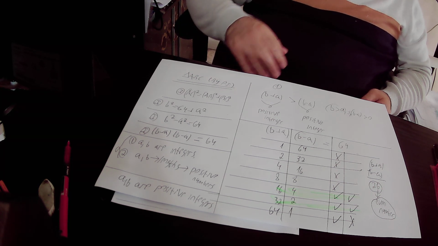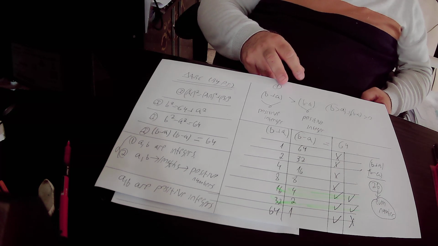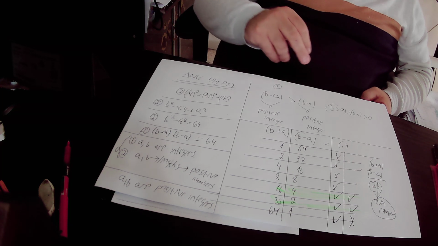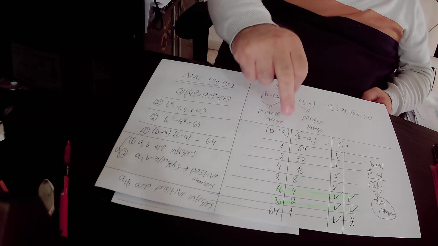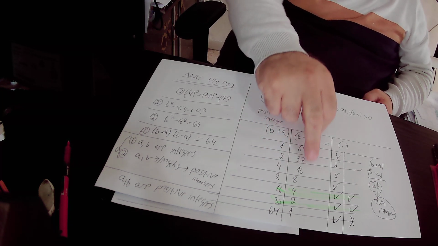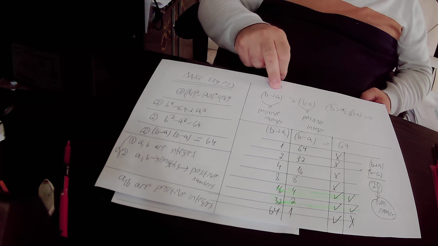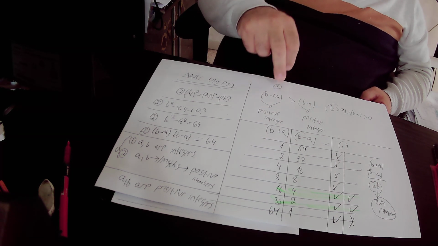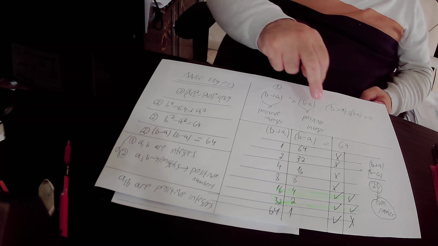But because b plus a is greater than b minus a, b plus a is the first column, while b minus a is the second column, and the first column must be greater than the second column.